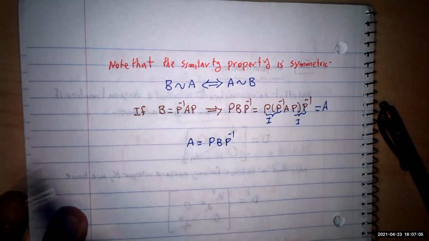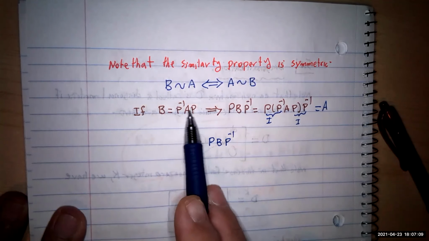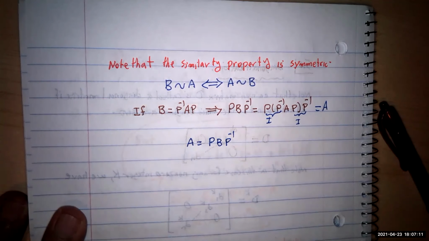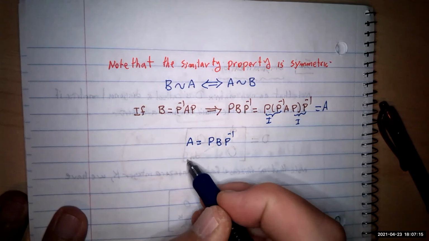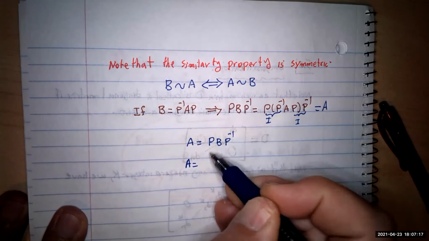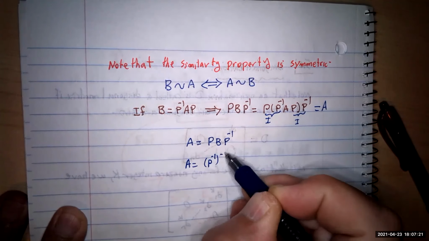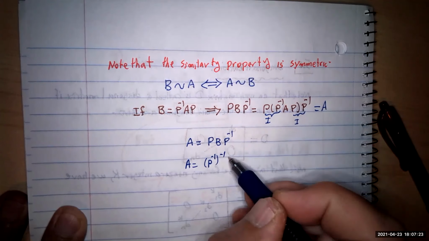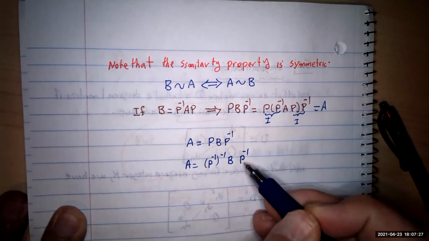Remember, B was similar to A, but if you would like to get the definition like the inverse that you have, you can cheat. You can write this one as A equal to, instead of P, a P inverse of the inverse. And this is going to be the B that you have, and this is a P inverse.